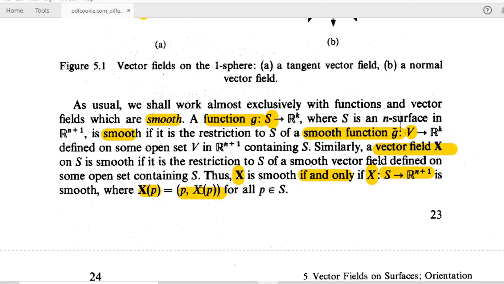It can be a tangent or a normal or any sort of vector. So if this X is smooth, then we can say capital X bar is also smooth.